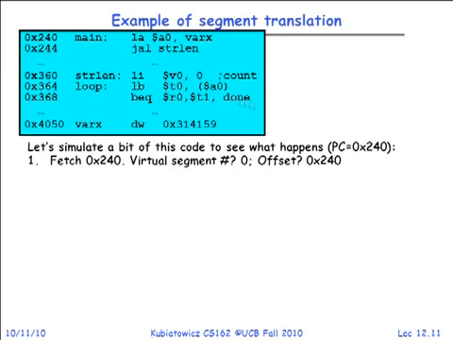Okay, so what's virtual segment 0? Offset 240. How do we know that's true? Why do we know that PC 0x240 has a virtual segment number of 0? Yes? Because the hexadecimal value has 0 as the higher digit.